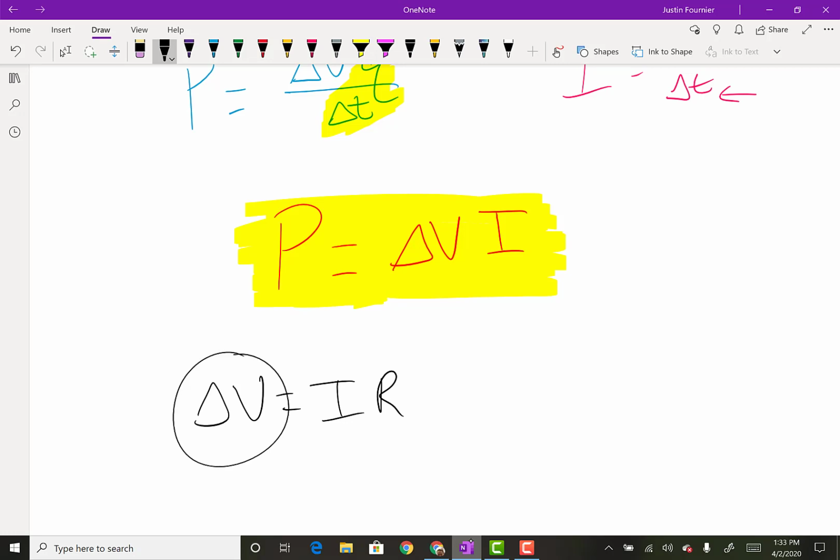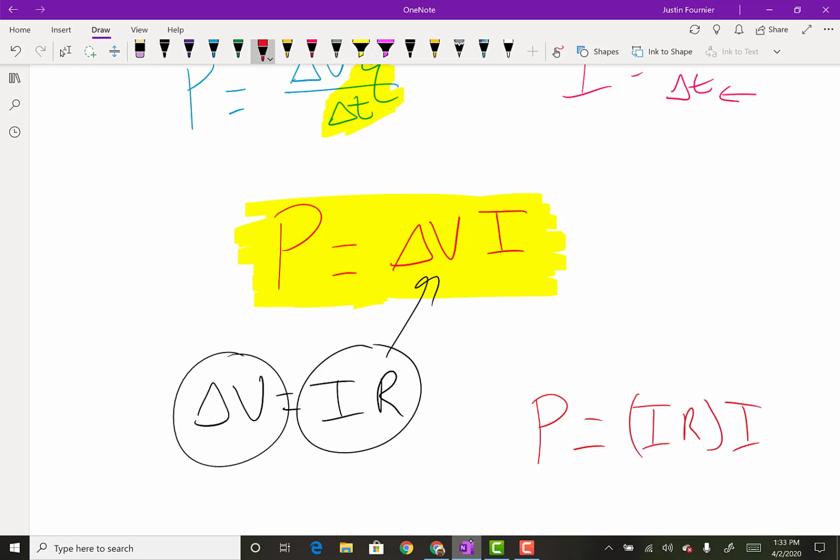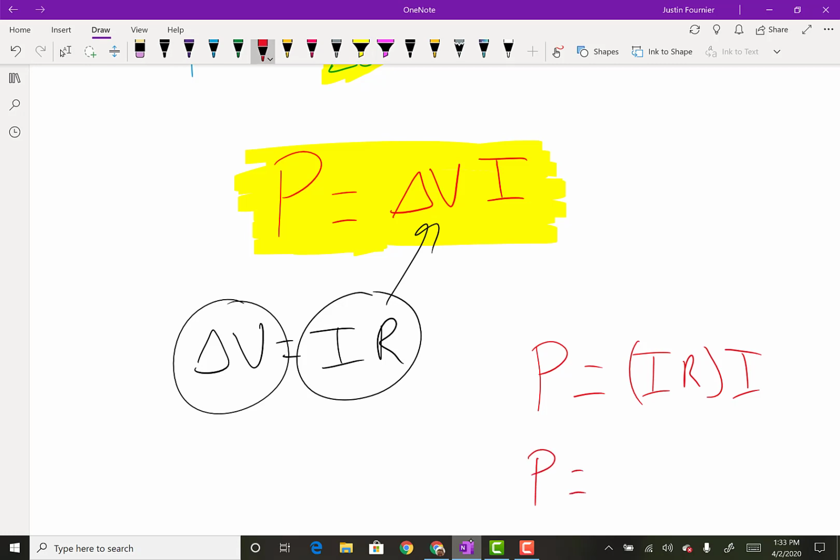Well, this is the potential difference here. I'm going to plug this in there, and that would give me the power is equal to IR times I. So that's just going to be the power is I squared times R. That's another way you can calculate power. It's the current squared multiplied by the resistance.